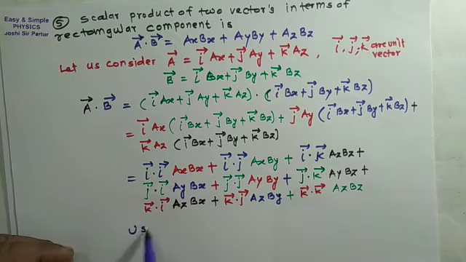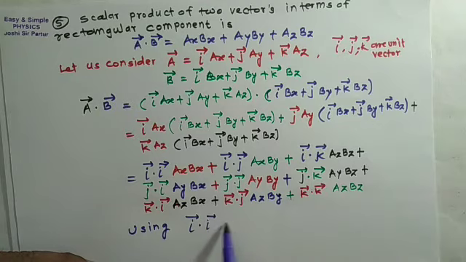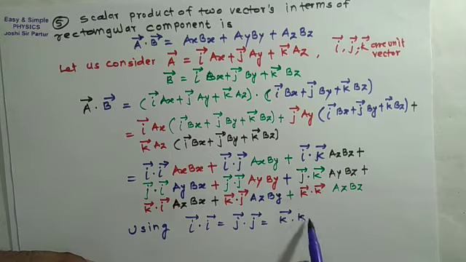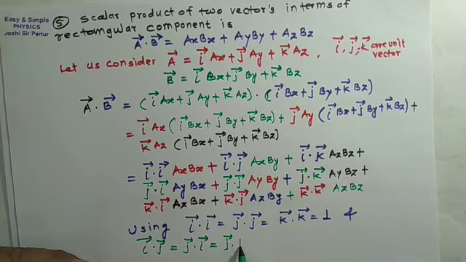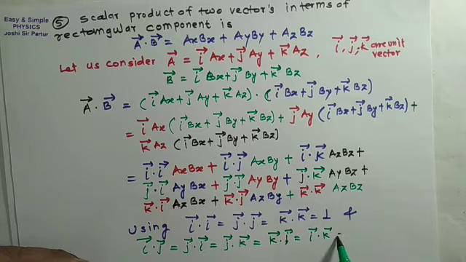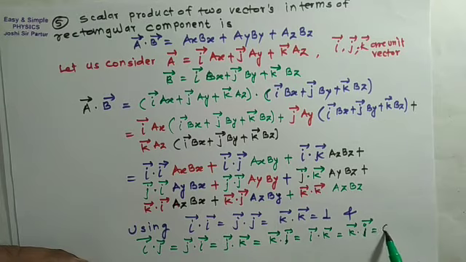Using the characteristics, vector i dot vector i is equal to vector j dot vector j is equal to vector k dot vector k is 1, and vector i dot vector j equal to vector j dot vector i equal to vector j dot vector k equal to vector k dot vector j equal to vector i dot vector k equal to vector k dot vector i equal to 0.